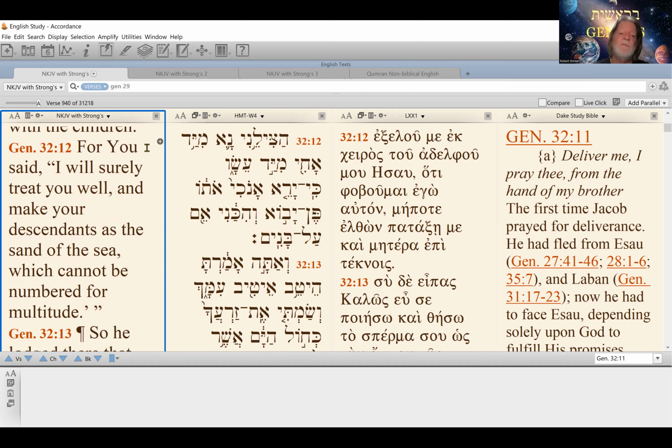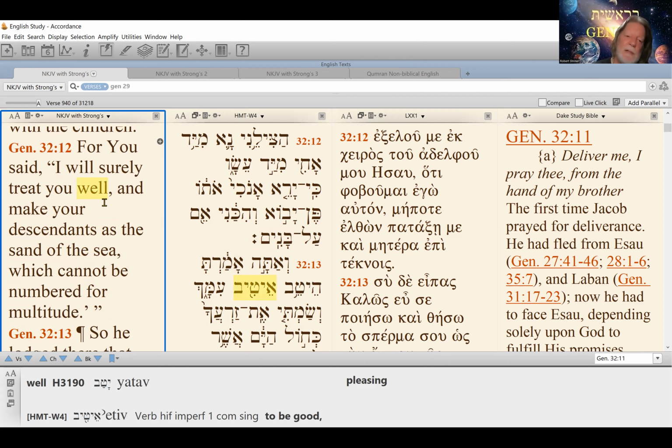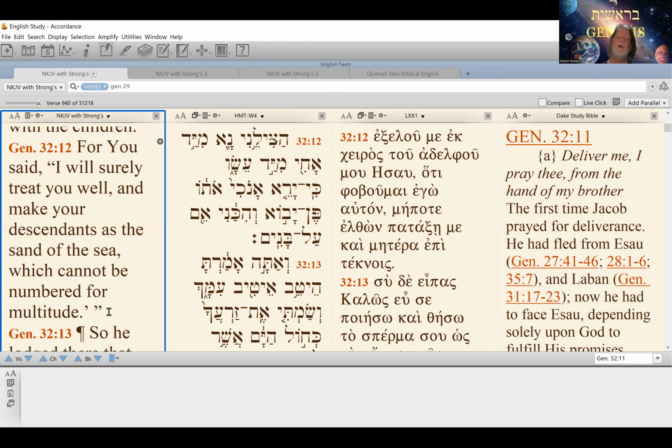Verse 12: for you said, you with a capital Y. There are no capitals in the Hebrew Old Testament, but the New King James translators are trying to help us out here. So they give us a capital Y. That's God. You, God, said, I will surely treat you well and make your descendants as the sand of the sea, which cannot be numbered for multitude.